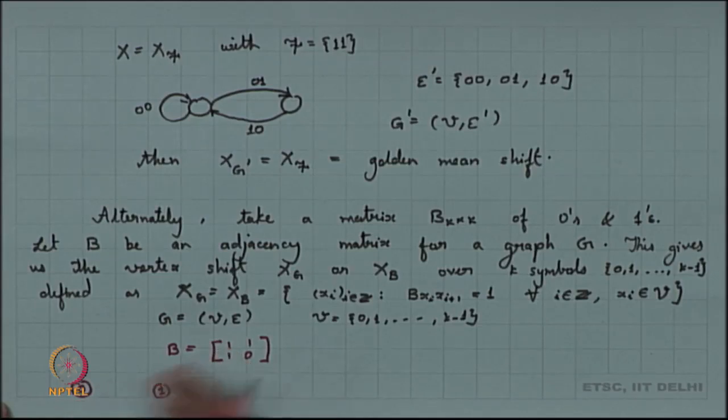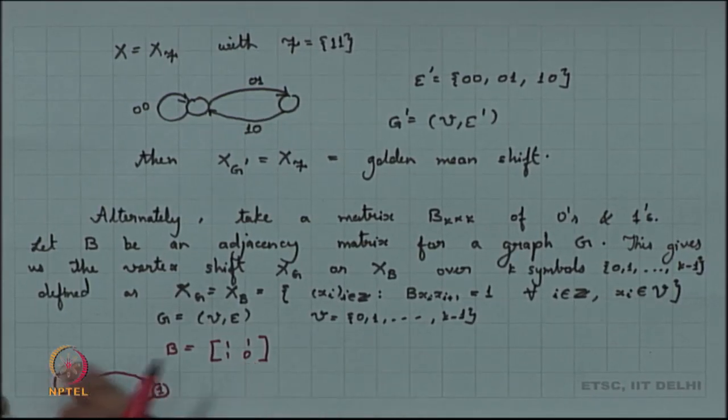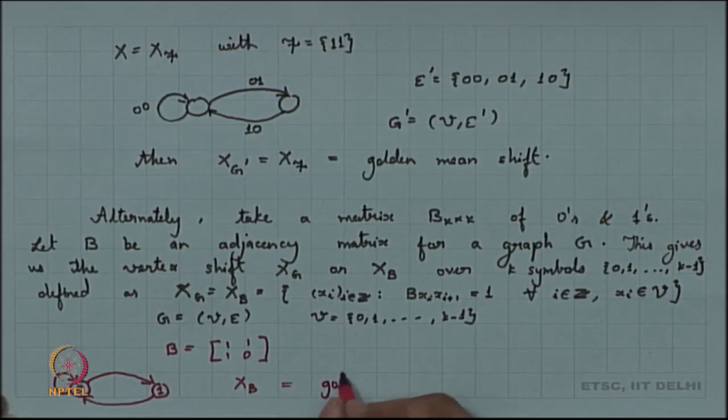This is 1, so between 0 and 0 there is an edge here, between 0 and 1 also there is an edge here, between 1 and 0 there is again an edge here, but there is no edge from 1 to itself, because this is 0. Hence we get here your X_B, and this is basically your golden mean shift. So, we get the golden mean shift here, looking at it as a vertex shift.